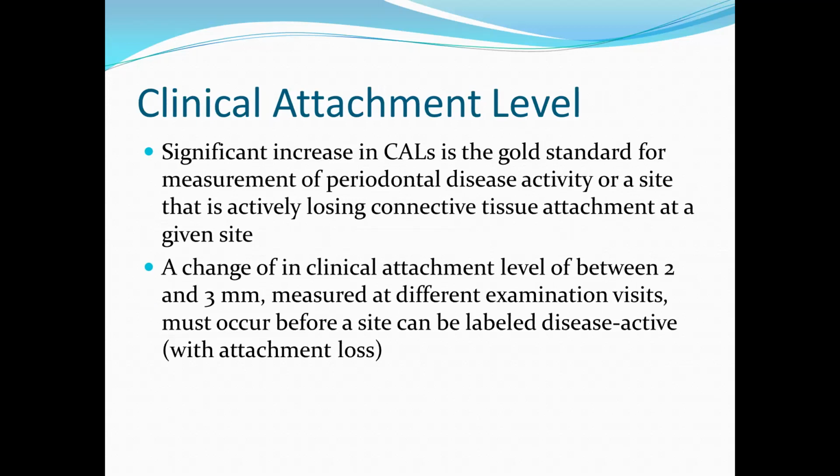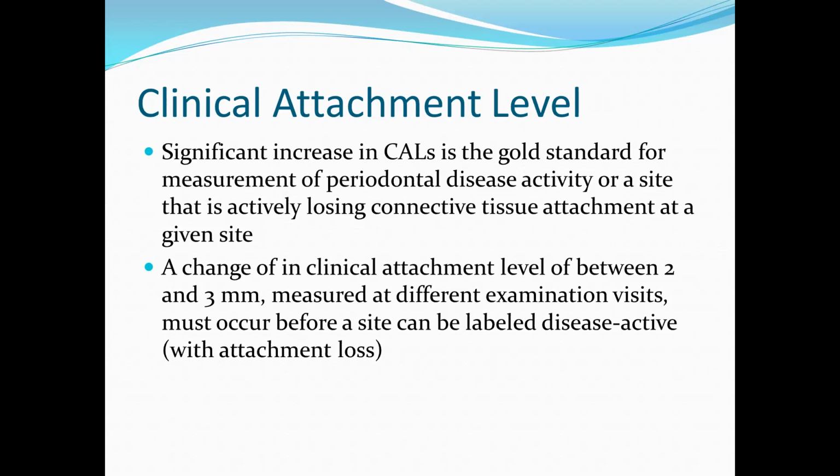So the significant increase in the clinical attachment level is the gold standard for the measurement of periodontal disease activity, or a site that's actively losing connective tissue attachment at a given site. So a change in the attachment level between 2 and 3 millimeters measured at different examination sites needs to occur before the site is labeled disease active.